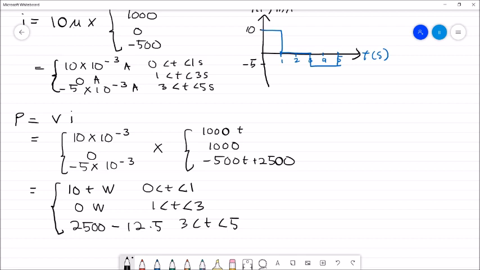So for the first equation, from 0 to 1, the power graph will look like this. 10t, so it is 10, then this is p(t) in watts. This is 1, 2, 3, 4, 5.